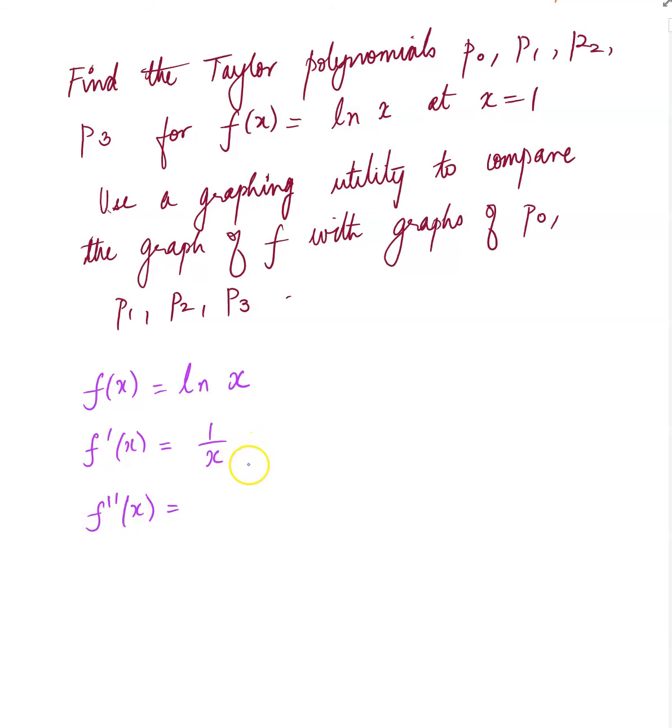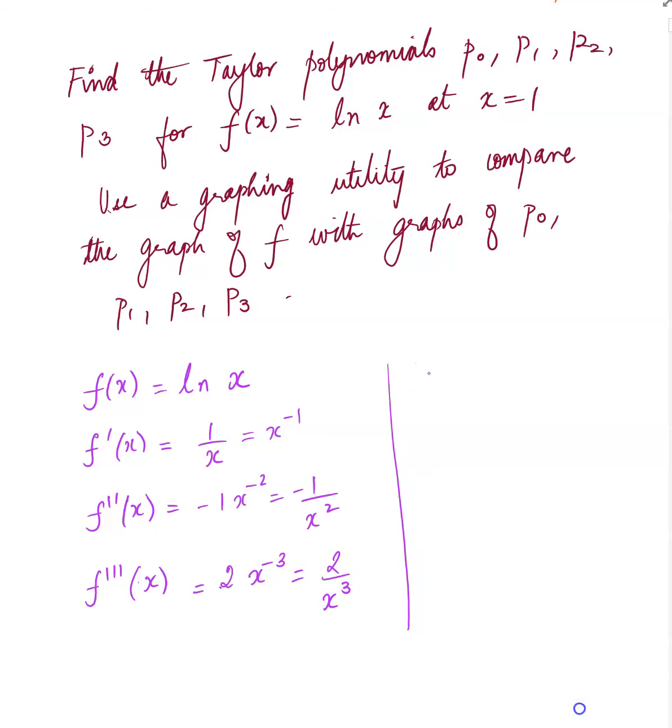Remember that that's x to the power negative 1. So it's negative 1 times x to the power negative 2, which is negative 1 over x squared. Then f triple prime of x would be negative 1 times negative 2, which is positive 2, times x to the power negative 3, which is 2 over x cubed. You got this?